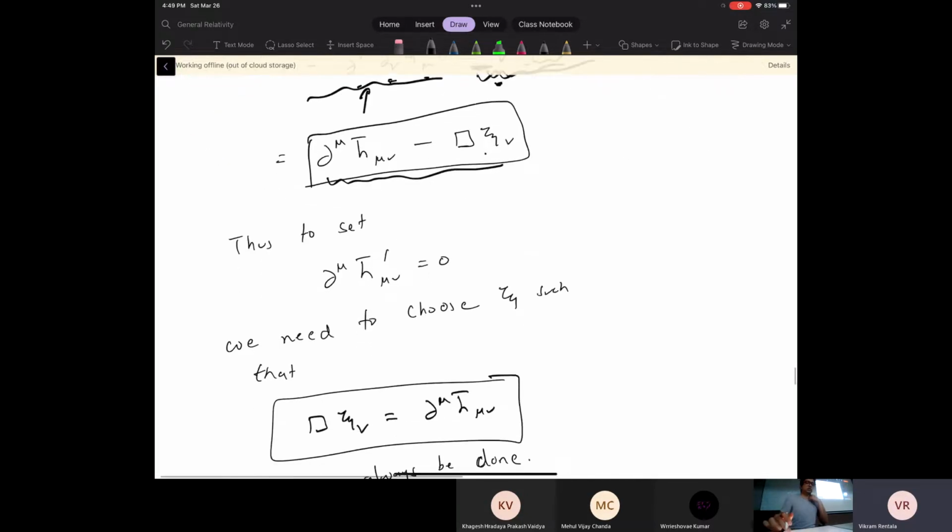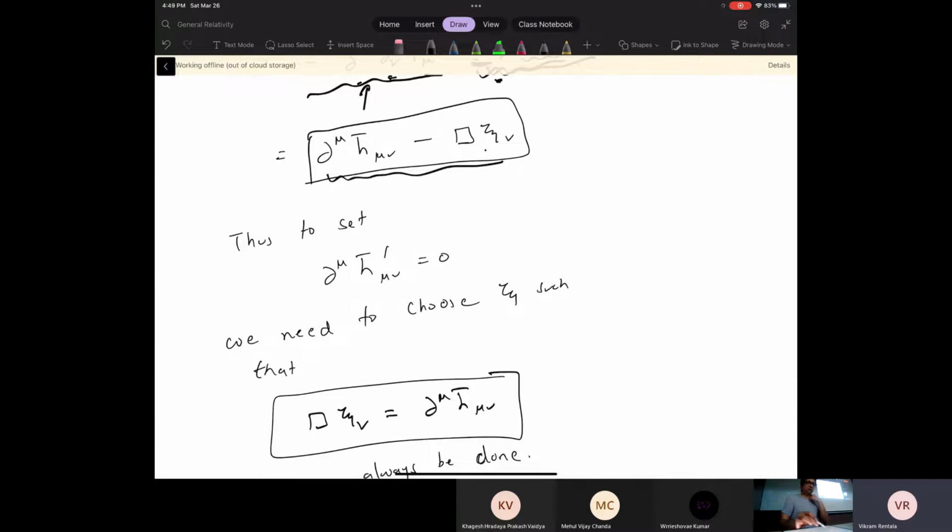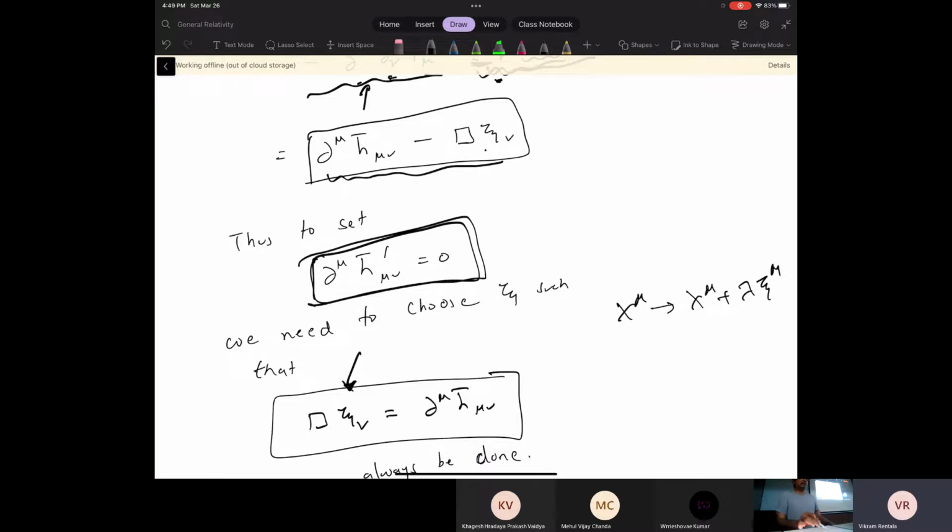So if we want to set this to 0, we just have to choose psi nu such that it satisfies this equation, and you transform your coordinates in such a way that you make this change. If I make this change, then it's guaranteed that in that coordinate system, this equation will be satisfied. That's the gauge freedom that you have.